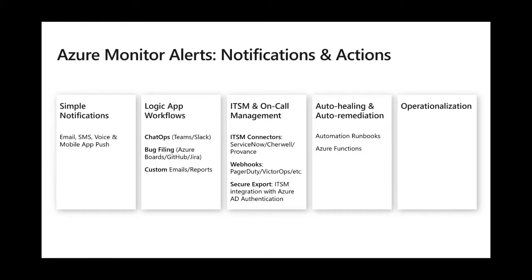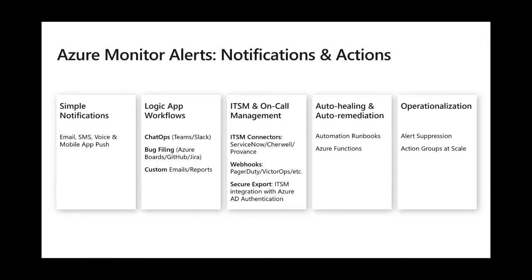ITSM connectors, ITSM integration with AD authentication. These are the scenarios that can easily be set in place. Auto healing, auto remediation, also auto scaling. So this alert was triggered, so automatically run this runbook.